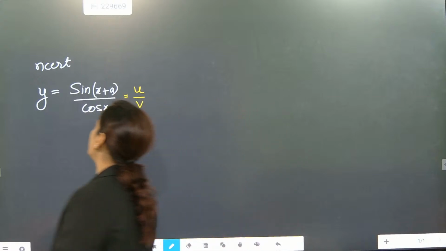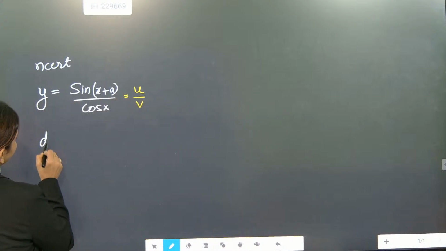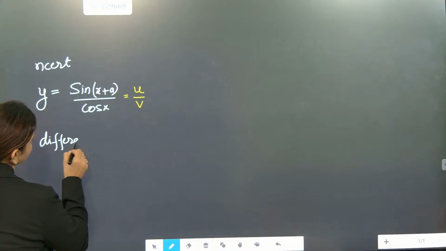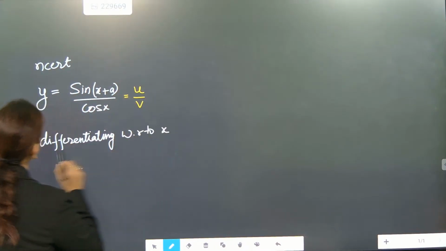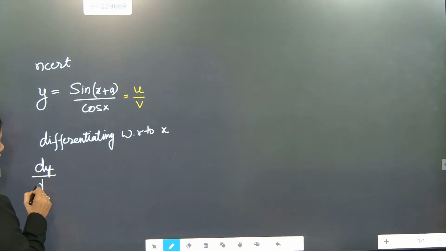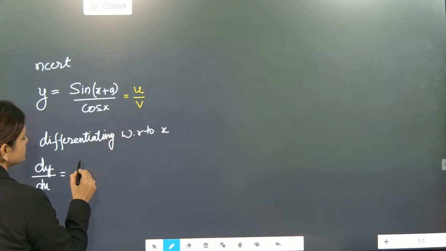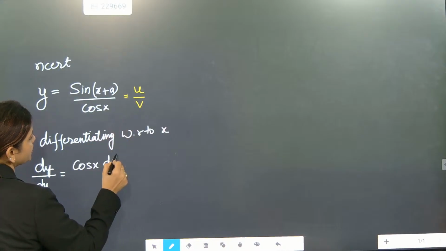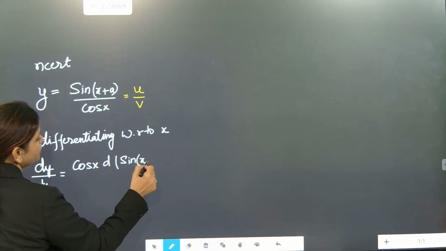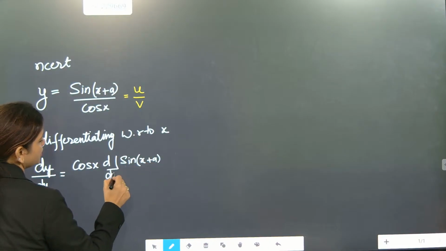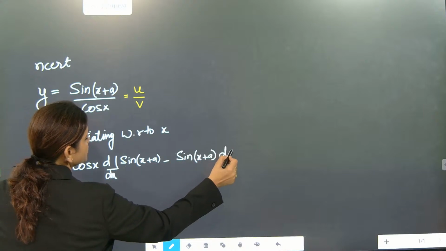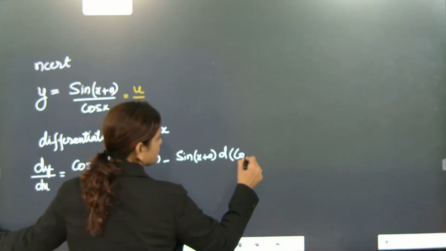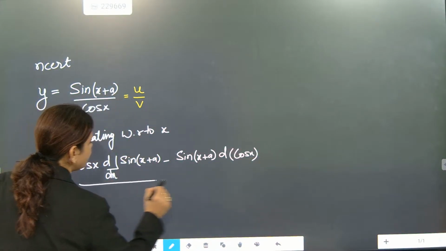Now look at it. This same method we will use, differentiating with respect to x. So now dy by dx is equal to v, first we write cos x, differentiation of sin(x plus a) dx, minus sin(x plus a) differentiation of cos x. Okay, the u by v method we have applied.